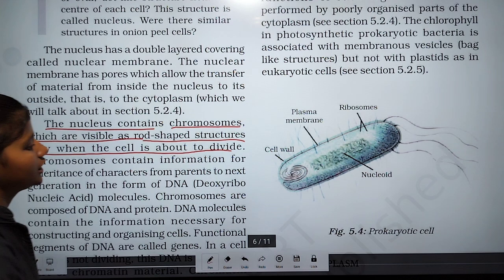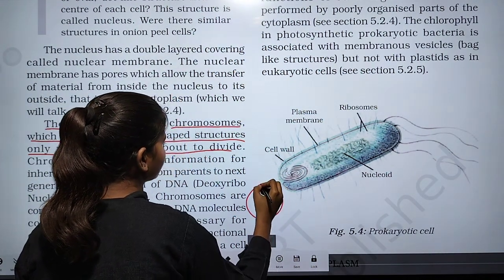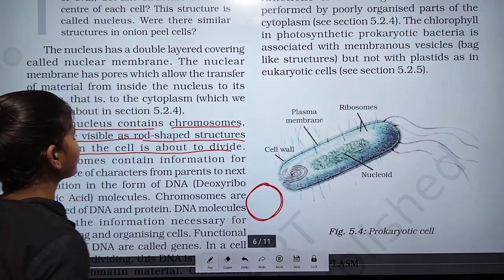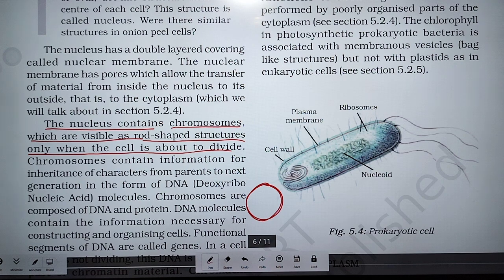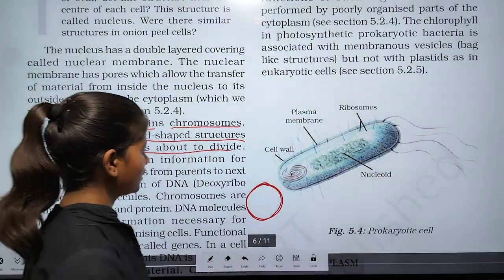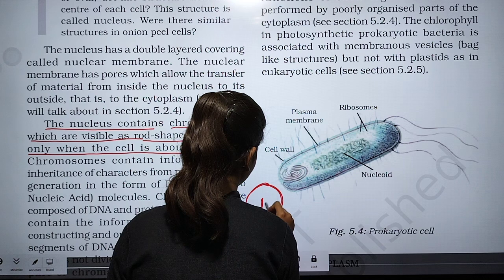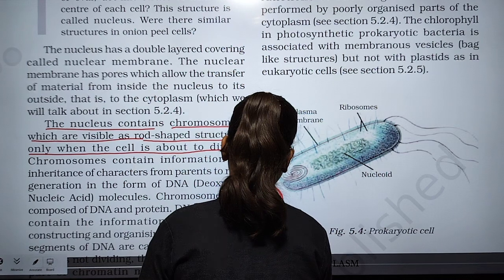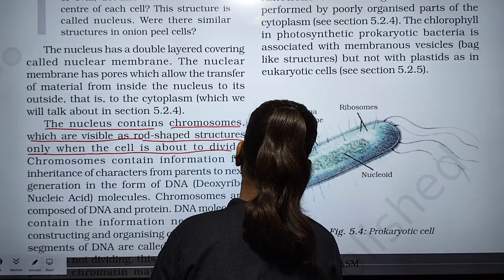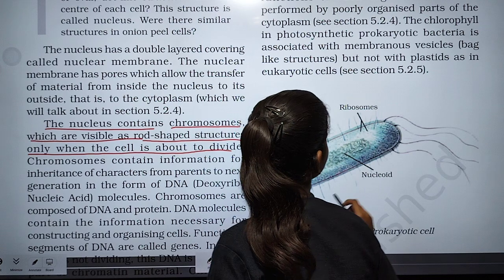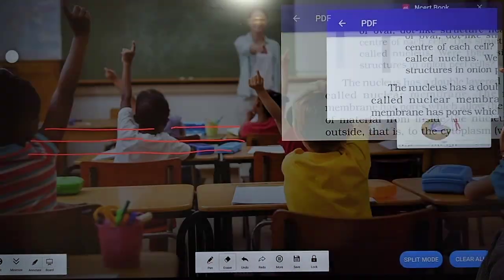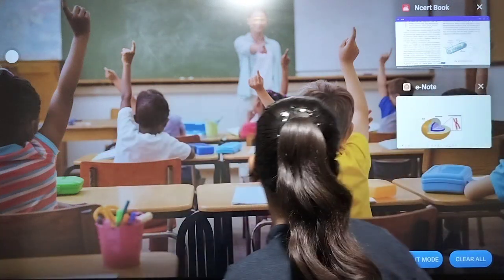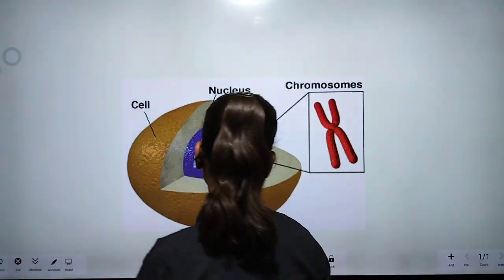The nucleus contains chromosomes, which are visible as rod-like structures. It looks like a rod-like structure like this. Like here you can see.